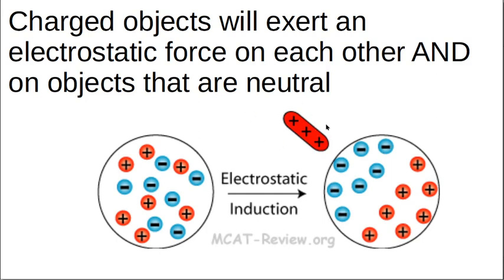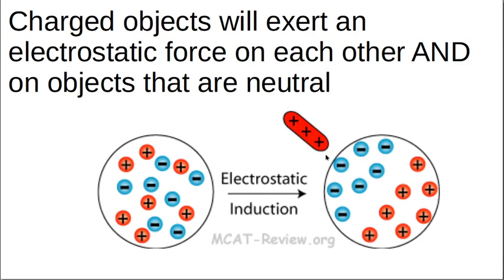So here comes a little charged rod. Here's the object, and all the charges are evenly dispersed, okay? And then along comes this rod, and it's positively charged. So opposite charges attract, and so all of the little whizzy electrons that are free to move go to one side of the object. And then you've got a positive charge and a negative charge, and opposite charges attract. So this is called inductive attraction. There's induction going on here.